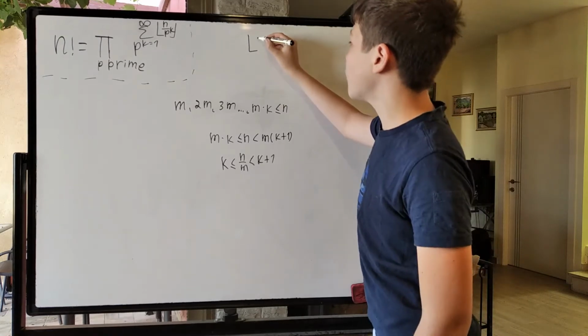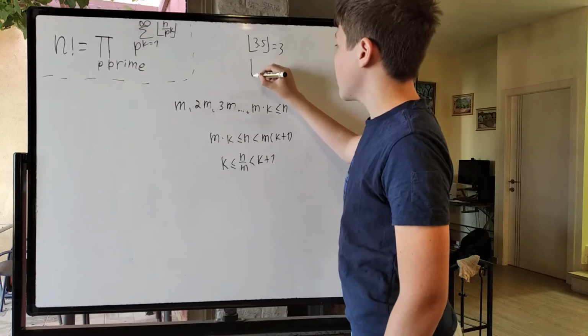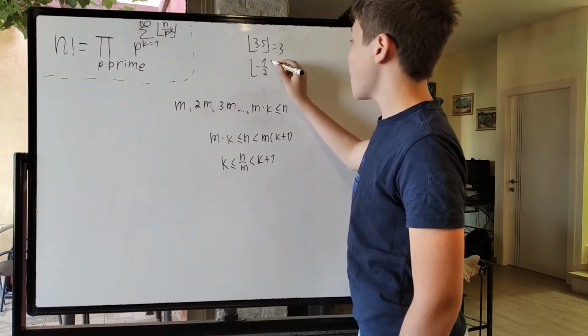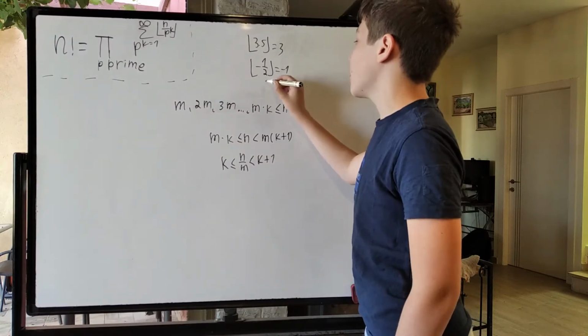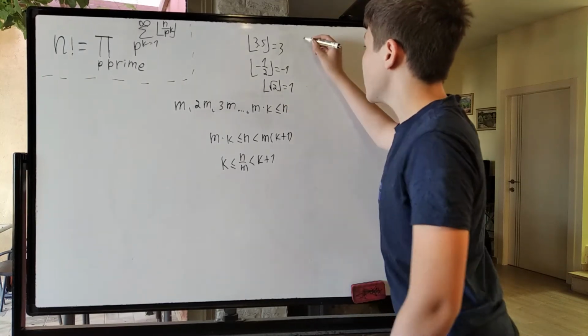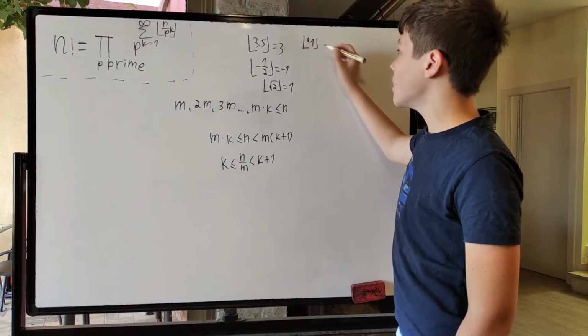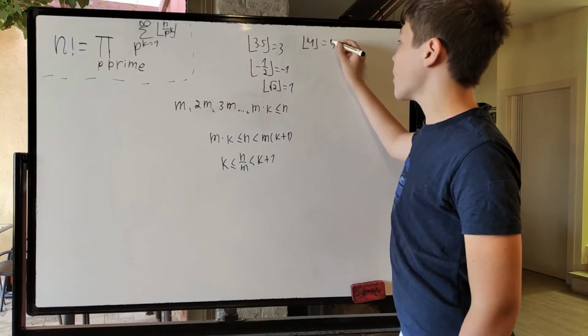So for example, the floor of 3.5 is 3. The floor of negative a half is negative 1. The floor of the square root of 2 is 1. The floor of a whole number, say, for example, 4, is that number 4.